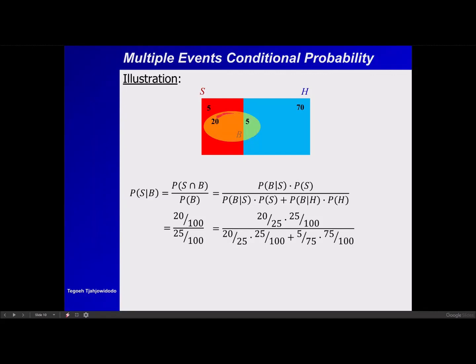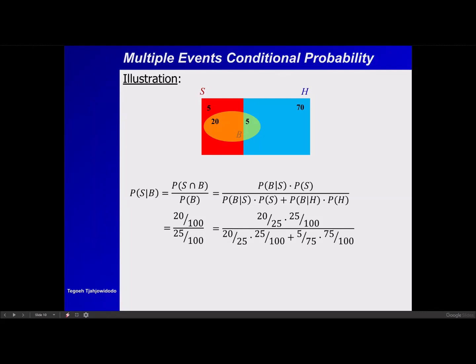So within this B, there are 20 of them are S. Within this 25 of B, there are 20 of them are S. So just looking at this diagram, we can see that the probability of S given B will be equal to 20 over 25, right? 20 over 25, 80%.